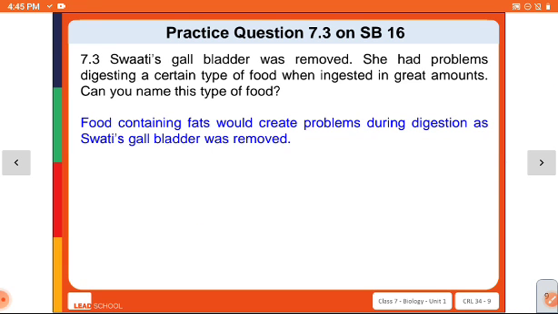Which food containing fat would create problems during digestion, because Swati's gallbladder was removed? Because the gallbladder's main function is to convert fat into a simpler form. So that's why Swati is facing a problem.